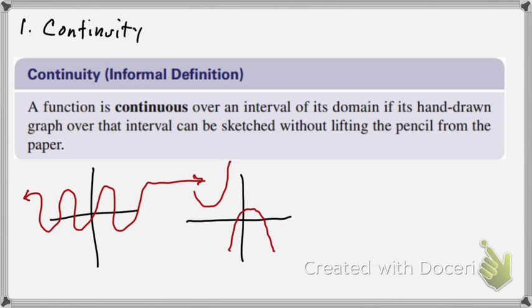No. I had to pick my pencil up to draw that function. Not continuous.